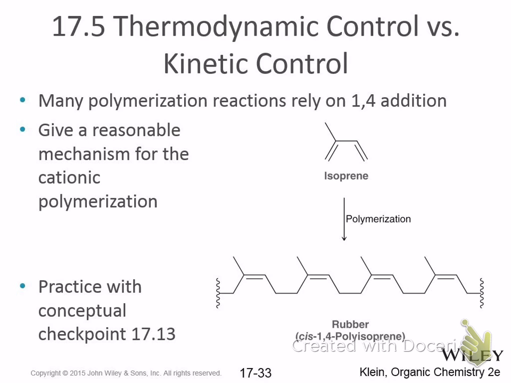So polymers are made up of monomers. And there's different kinds of mechanisms. This is cationic, there's anionic, and there's radical. If you go back into the radical reactions chapter, they give some examples of radical polymerization.